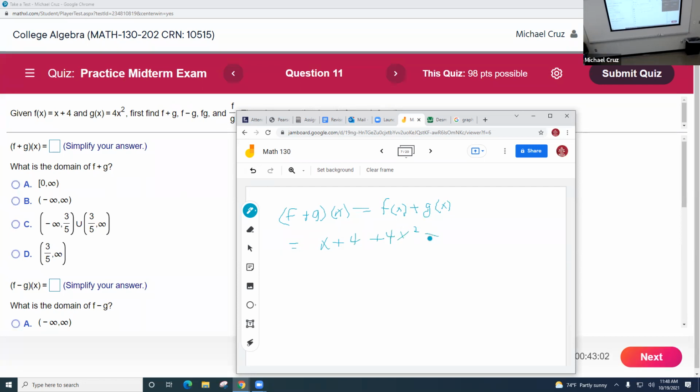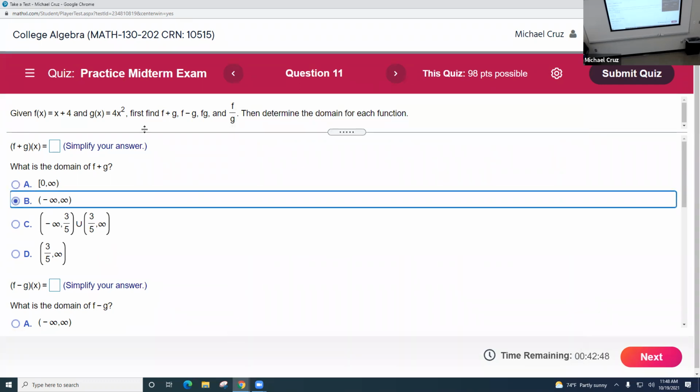And then you can just write it in order. And again, that's a plain old function, so it's going to be negative infinity to infinity. The only one we're going to have to watch out for is this one here, because you're going to have something in the denominator that can mess it up.